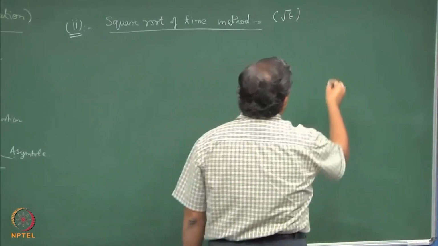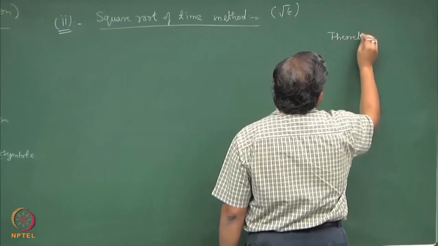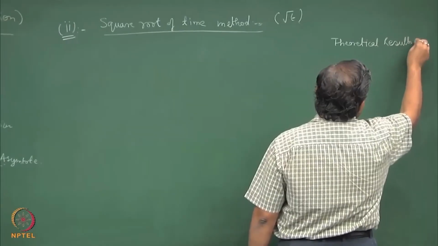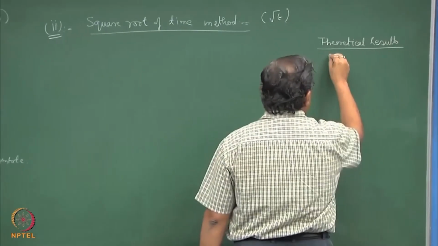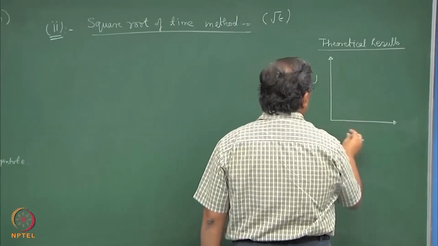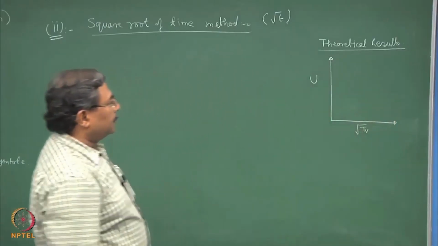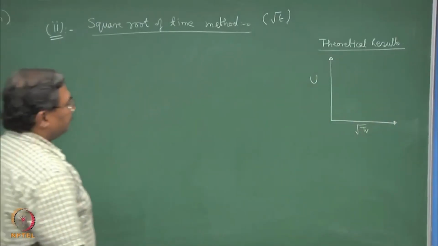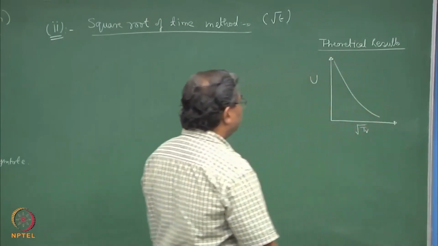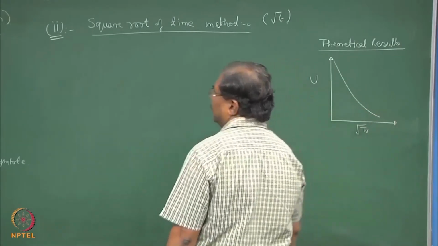So, theoretical results here would be, if I plot u versus under root TV, you will get a graph like this, the linear portion followed by a curvilinear portion.